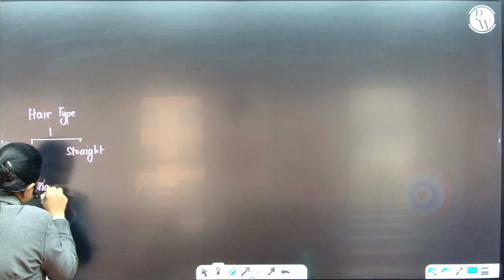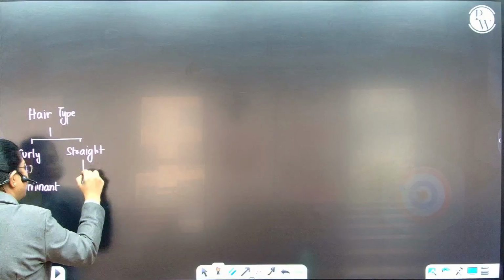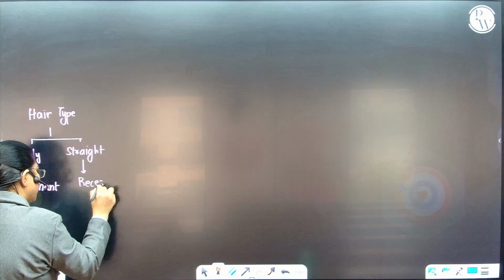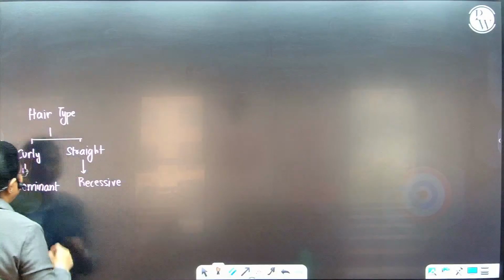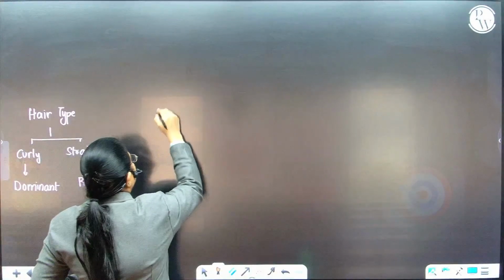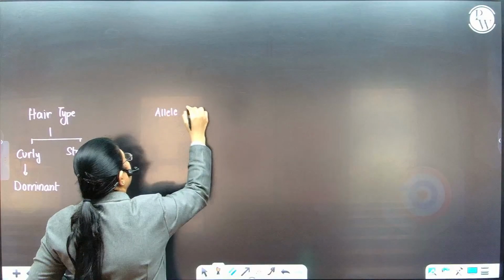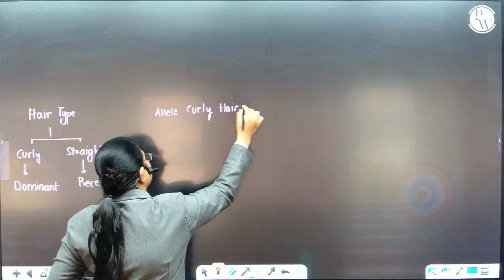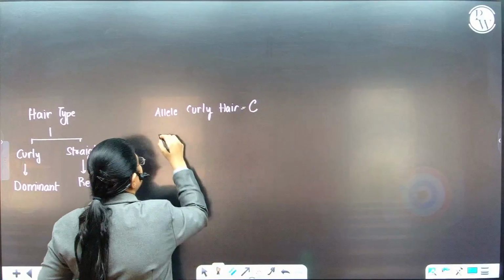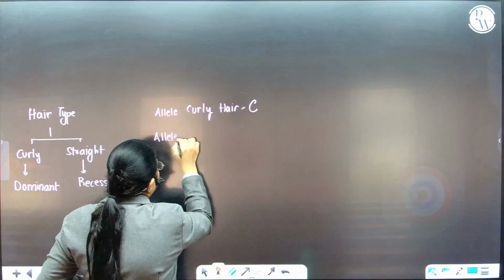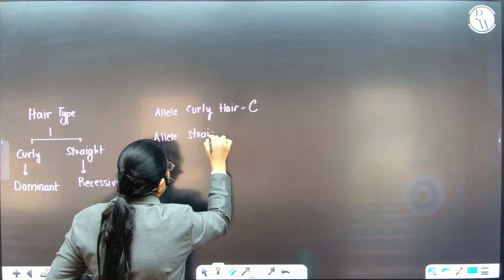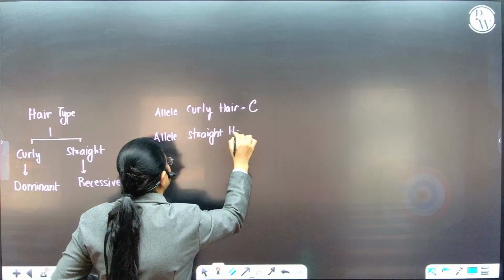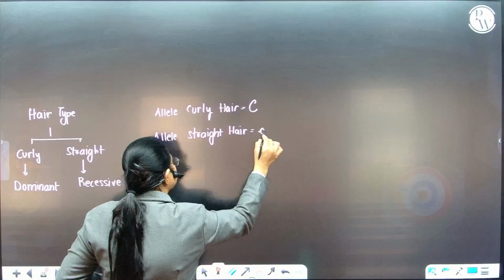Curly hair is a dominant variant and straight hair is a recessive variant. Now let us consider that the allele for curly hair is written as capital C, and the allele for straight hair is written as small c.